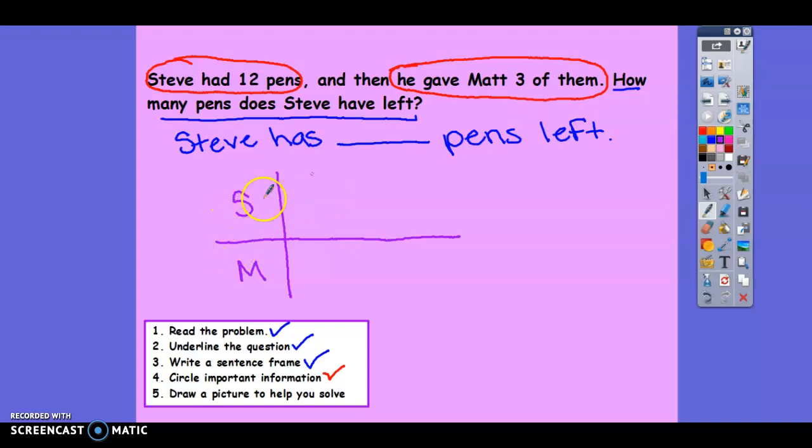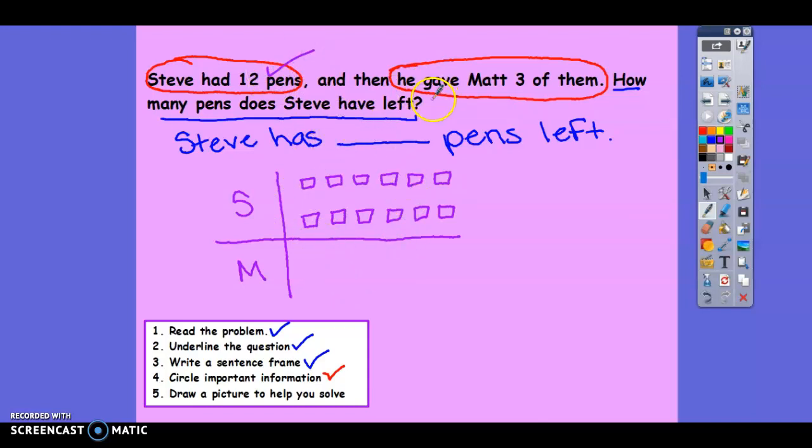So Steve had 12 pens. So I'm going to draw 1, 2, 3, 4, 5, 6, 7, 8, 9, 10, 11, 12. So Steve has 12 pens. I showed you that by drawing 12 boxes to represent his 12 pens.